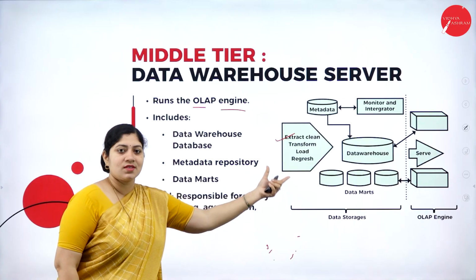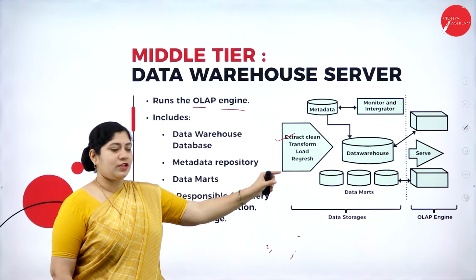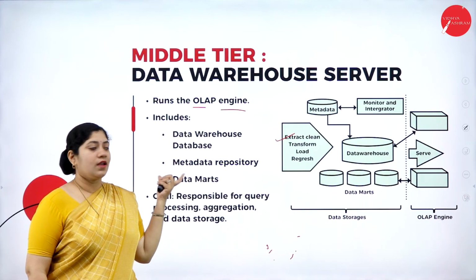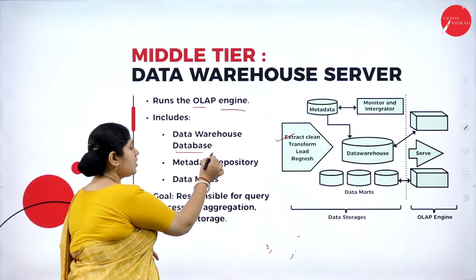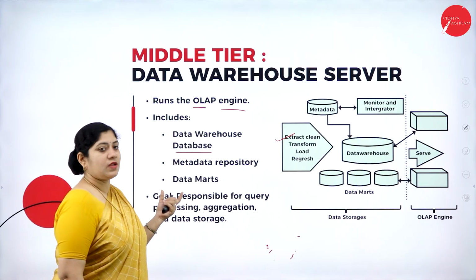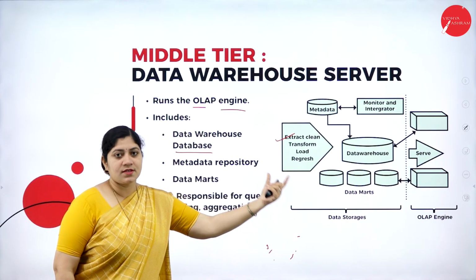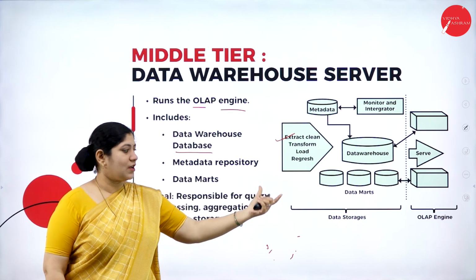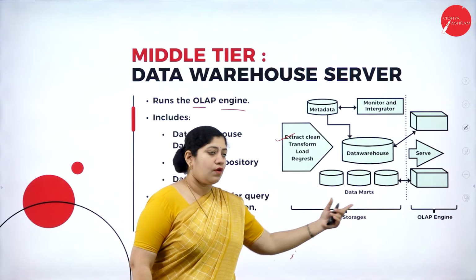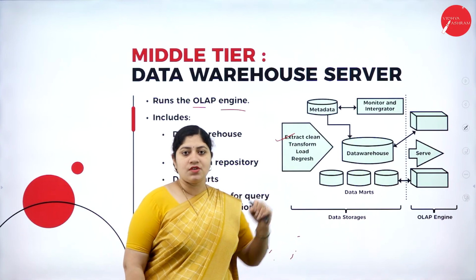So this will run that OLAP engine, followed by the middle tier, which includes the data warehouse database, then the metadata repository as well as various data marts. What are those various data marts? Altogether, this part is called data storage, followed by the OLAP engine.